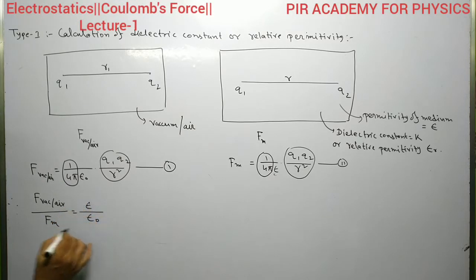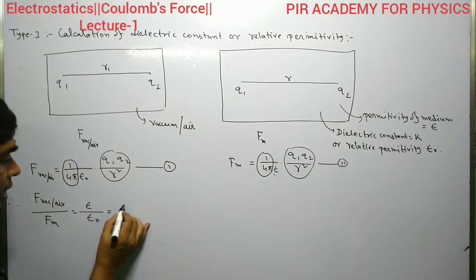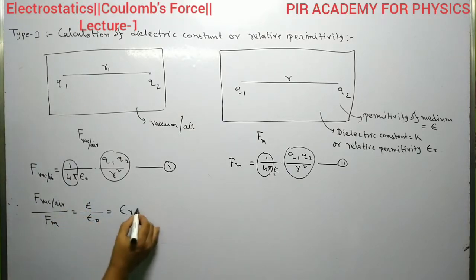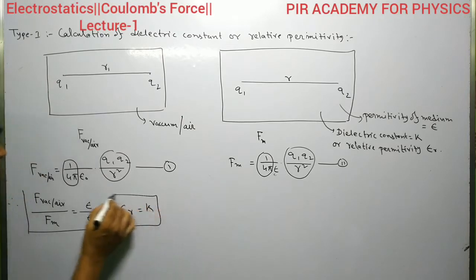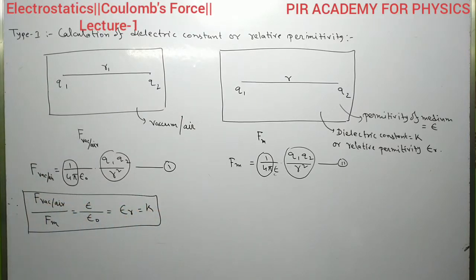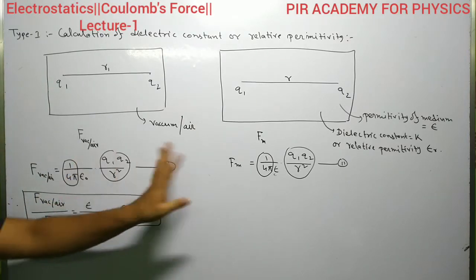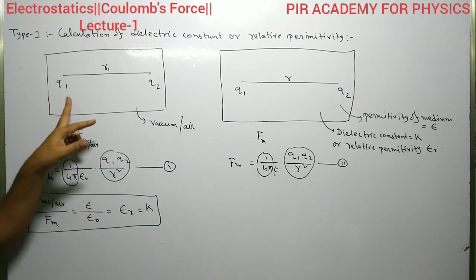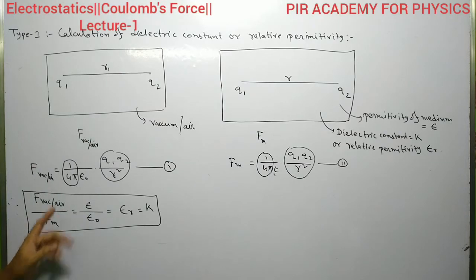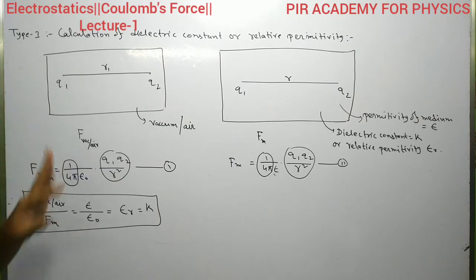This epsilon by epsilon naught can be written as the relative permittivity or dielectric constant of this medium. So using this formula, you can calculate the dielectric constant of any medium if you know the force between the two charges in vacuum or air.